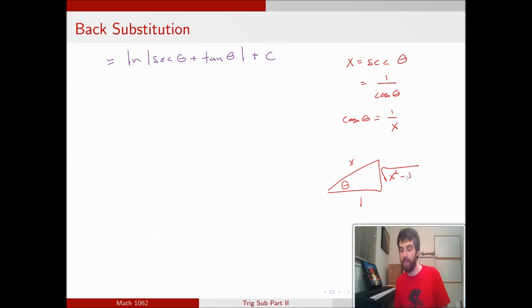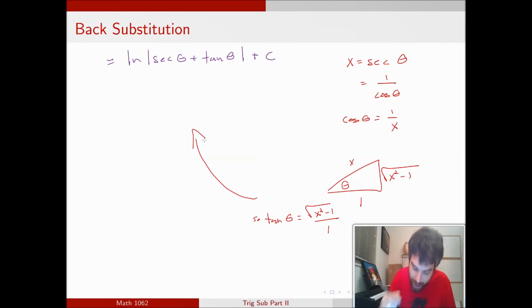That is me applying Pythagoras. And if I try to figure out, say, tangent of theta here, I already know secant of theta is x, so I don't have to convert that one. But for tangent of theta, I can say that tangent of theta is opposite over adjacent, so square root of x squared minus 1 all divided by 1.